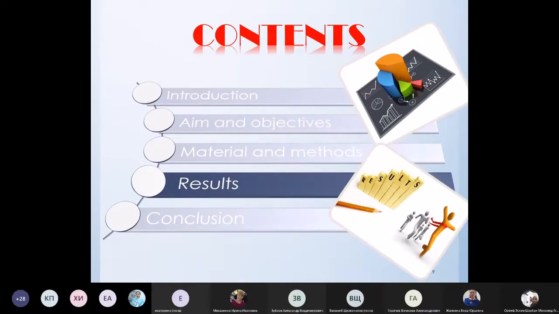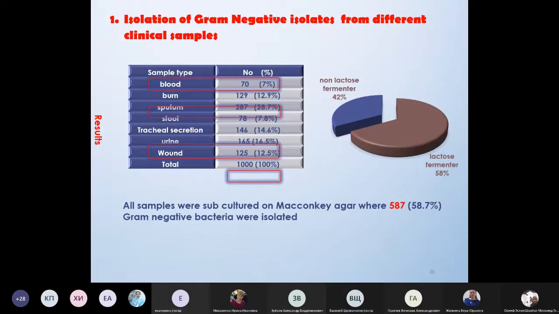And our results were that about 1,000 samples were isolated from sputum, stool, blood, and urine, and we cultured them on MacConkey agar, where about 580 gram-negative bacteria were isolated.